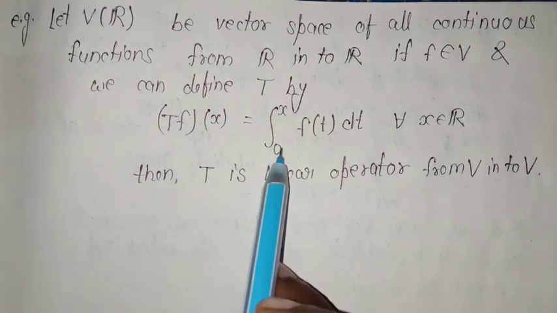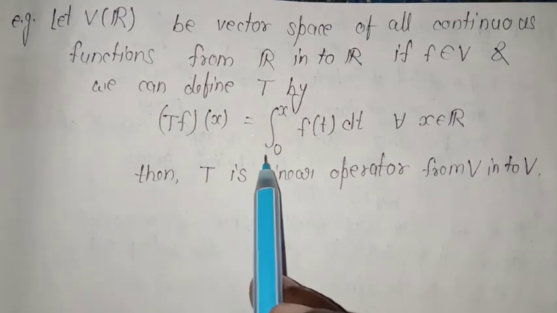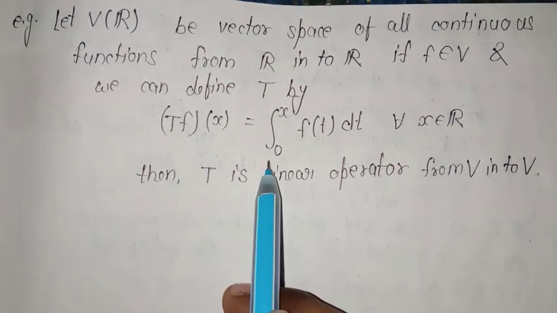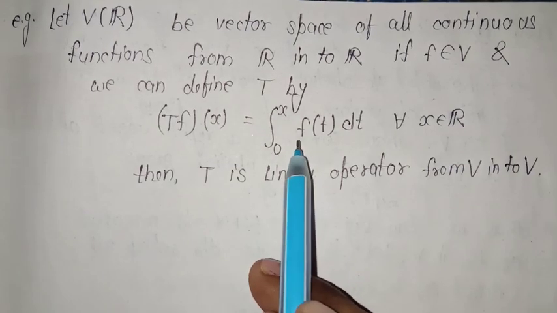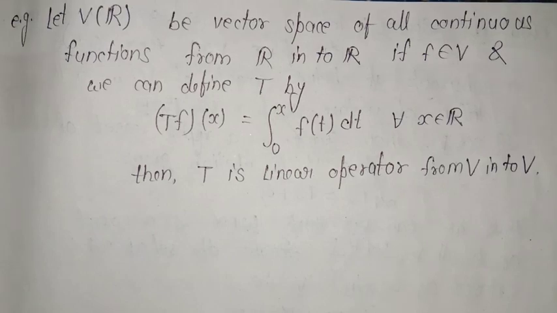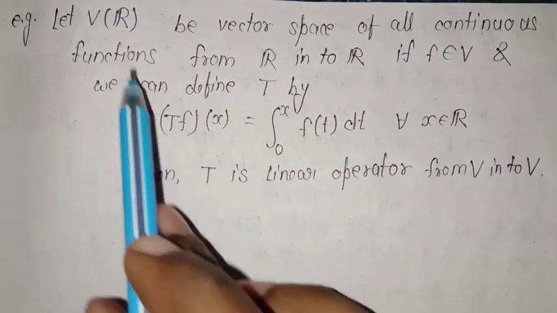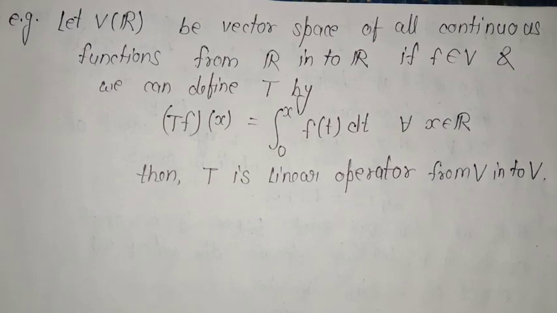So the scalar multiplication is holding here. Again, we know that the integration holds the linearity property. So if we add two functions together and take their integration, the function that is obtained will also belong to the vector space again. So it is holding vector addition as well as scalar multiplication.